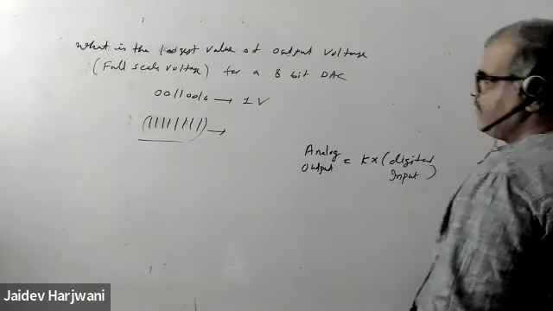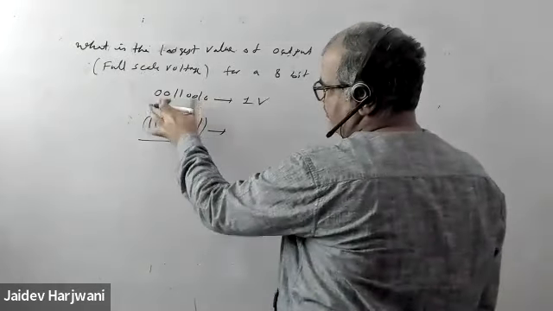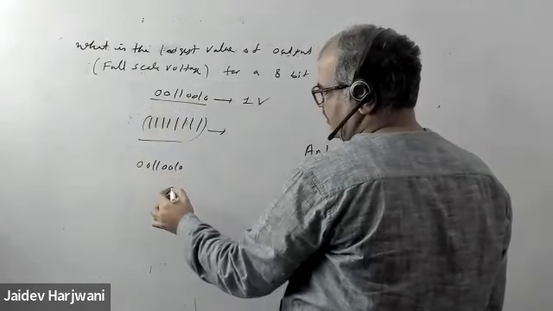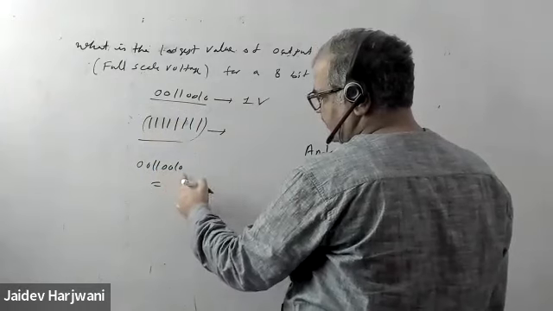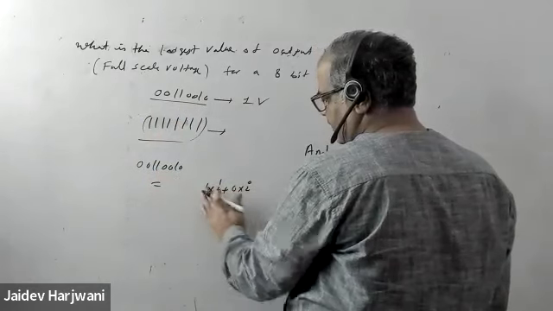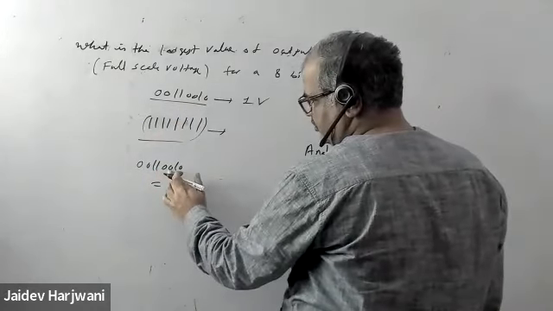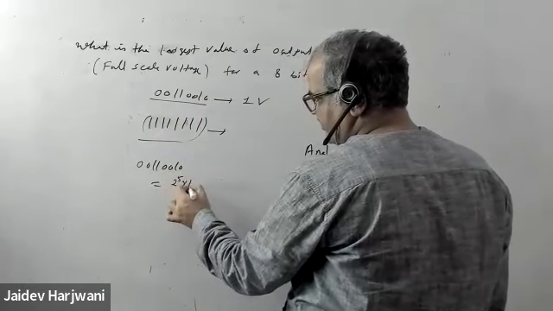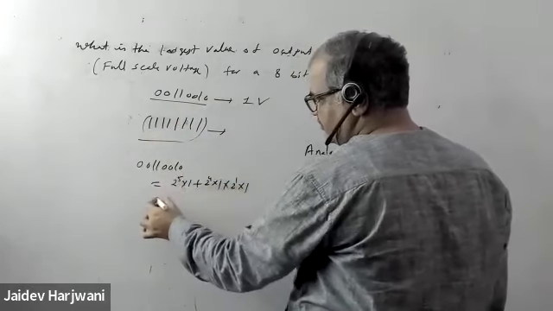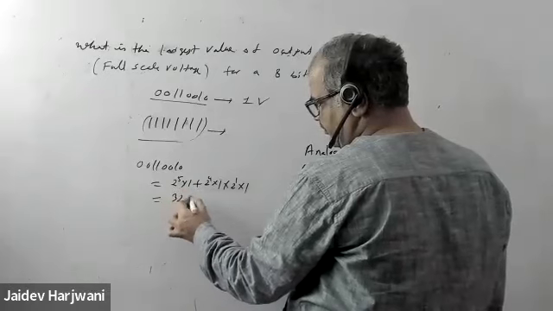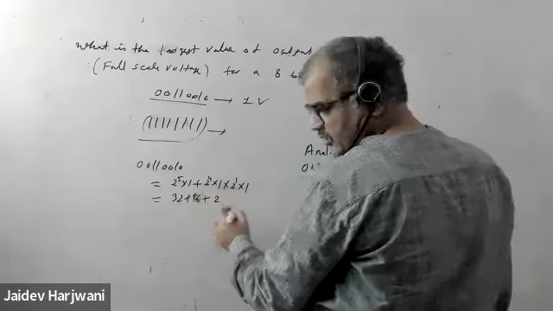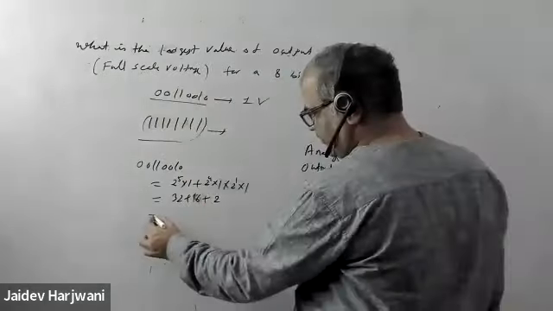The digital equivalent of 00110010 is 2 power 5 plus 2 power 4 plus 2 power 1, which is 32 plus 16 plus 2, so the total equals 50.